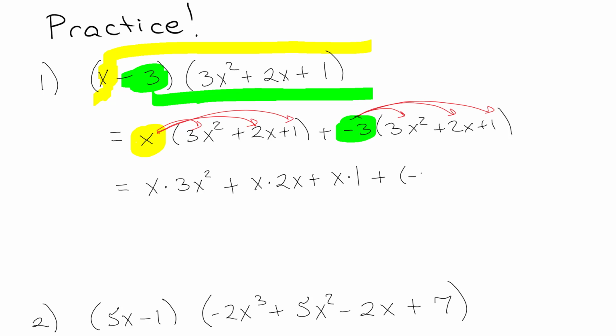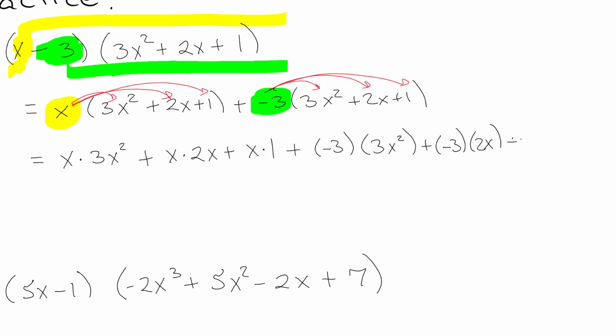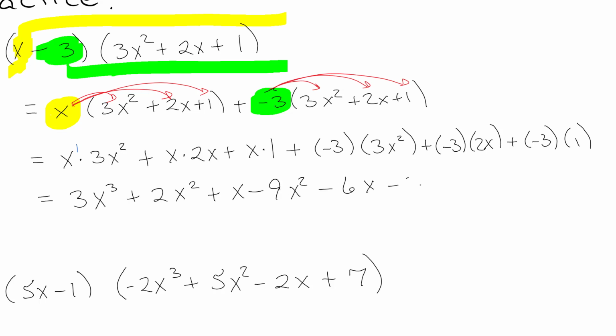And then -3 times 3x squared, -3 times 2x, and then -3 times 1. So x times 3x squared, remember there's that secret 1, so 1 plus 2 is going to give me x cubed, plus 2x squared plus x minus 9x squared minus 6x and minus 3.